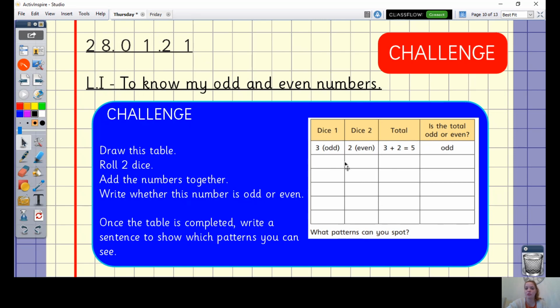Or could it be sometimes an odd plus an odd equals an odd? Okay, so look at the pattern there. What makes an odd total? What makes an even total? I'd love to see those patterns that you've noticed, writing them down there. Okay, so that's your challenge. Hopefully you'll have a bit of fun having a go at that.